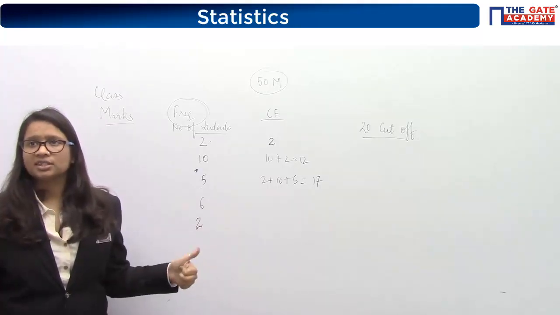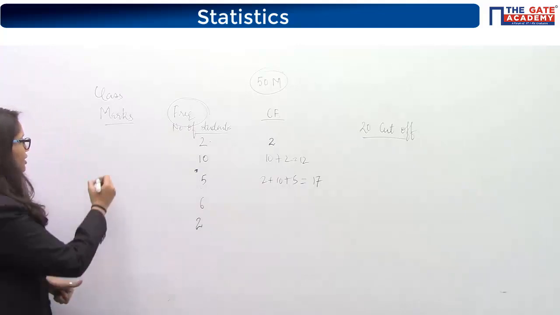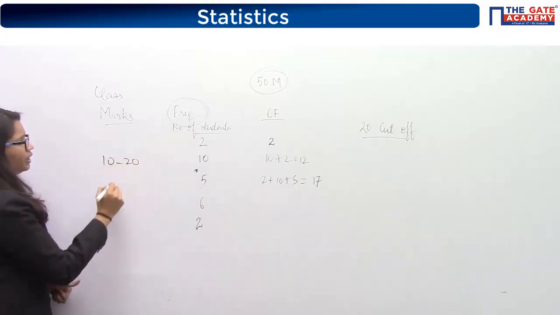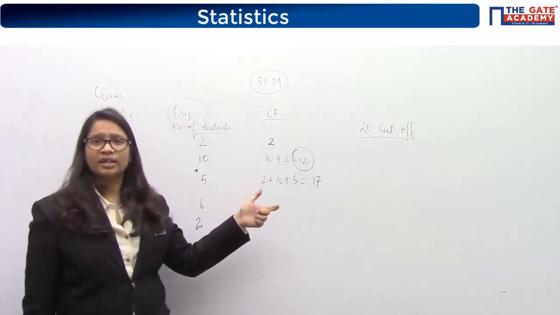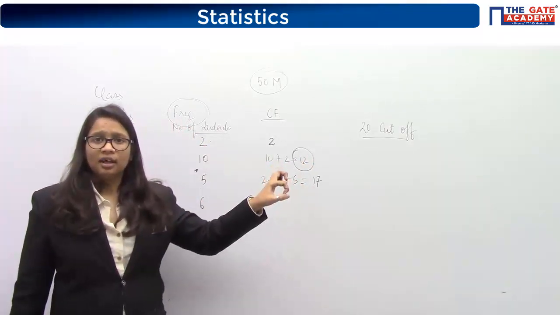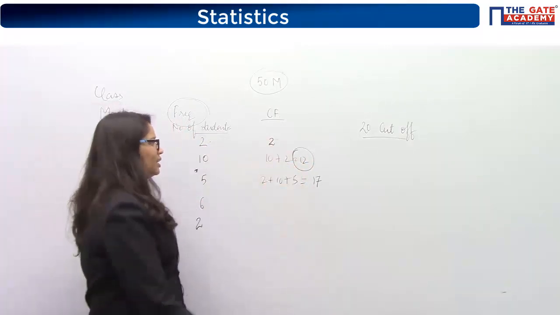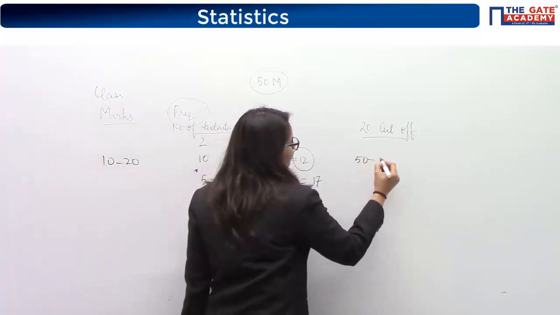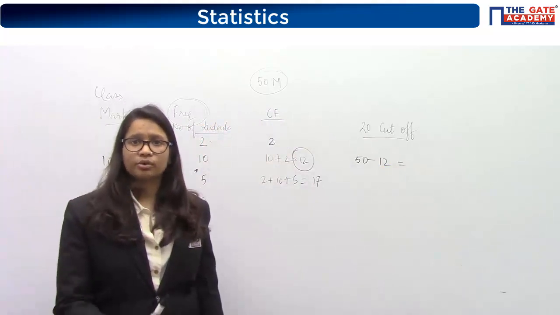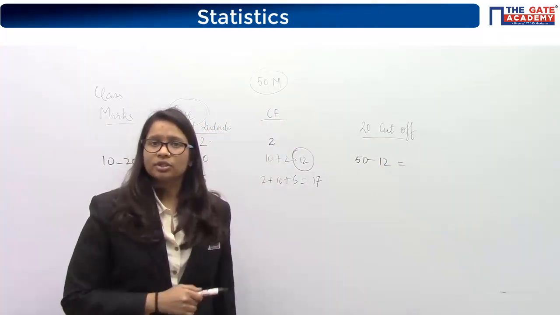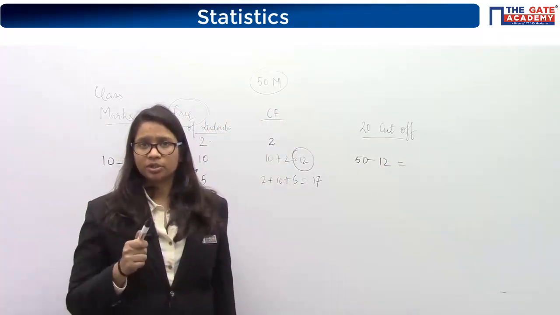If the cutoff marks is 20, you can see that for the second class, that is 10 to 20, the students are 12. It means 12 students got less than 20 marks. So you can directly say that 50 minus 12 students have passed the exam. This is where the cumulative frequency comes into play.